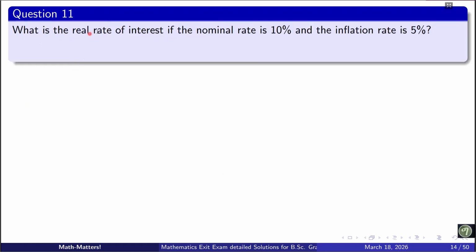Next, what is the real rate of interest if the nominal rate is 10% and the inflation rate is 5%? The alternatives are 4.3%, 4.8%, 5.3%, and 5.8%.